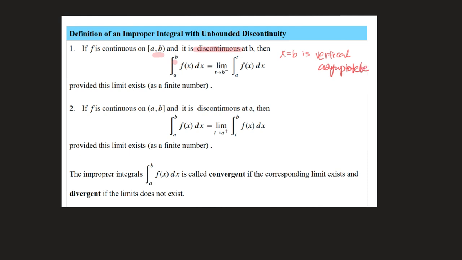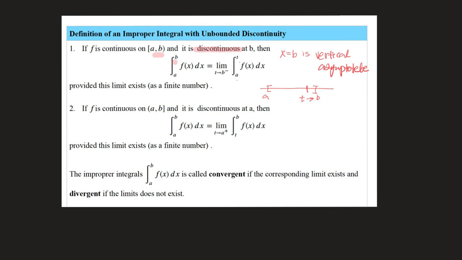In that case, we define the limit as t approaches b from the negative side, because here is the interval a to b. You take a t value here and approach b from this direction, so that's from the left side. Take the integral from a to t of f(x) dx. That's the first case.